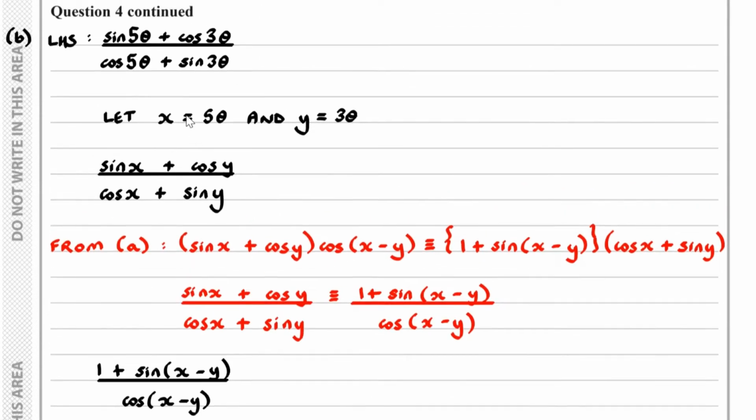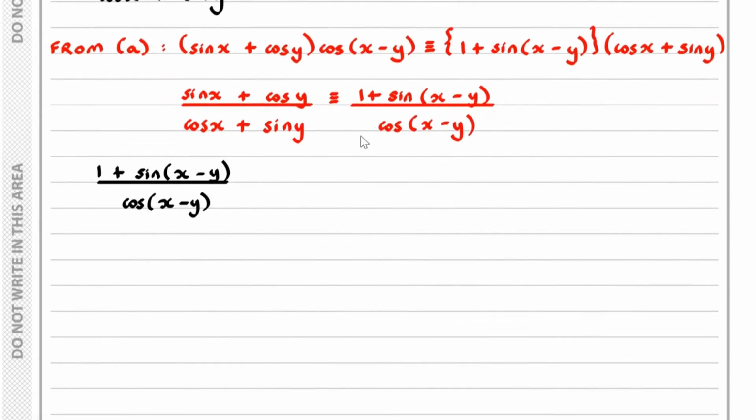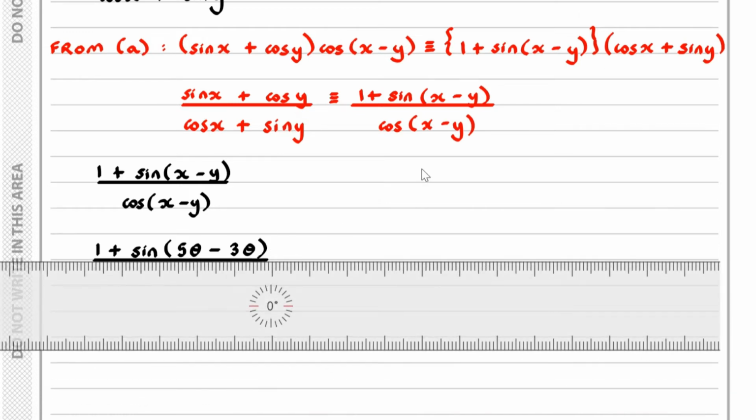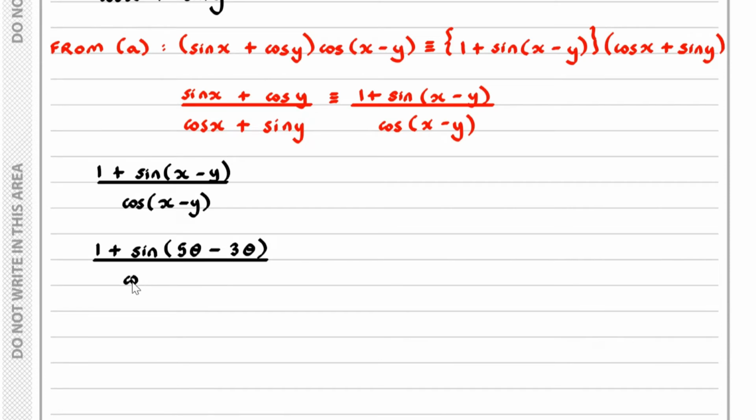And I know what x is, that's 5 theta, and I know what y is, that's 3 theta. So I've got 1 plus the sine of 5 theta subtract 3 theta divided by cos of 5 theta minus 3 theta.